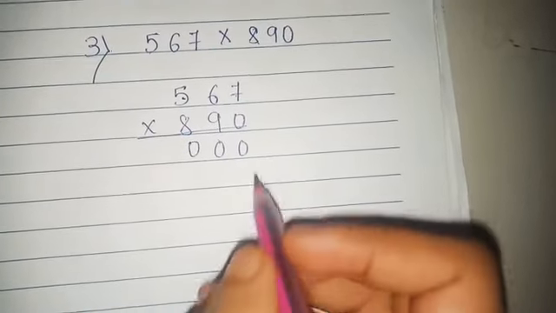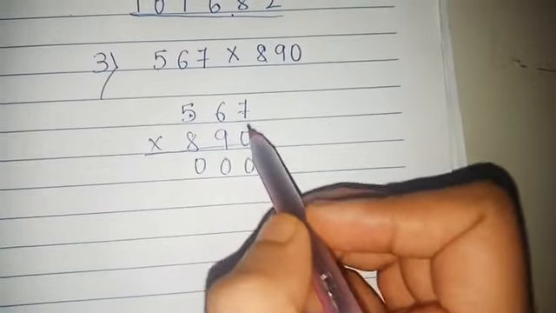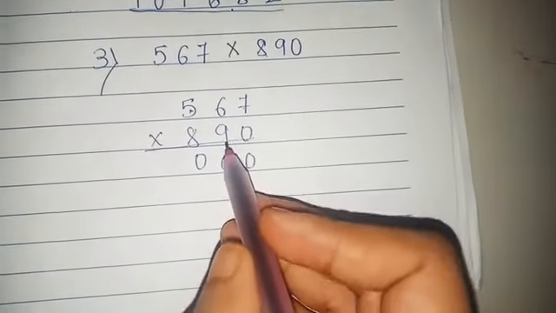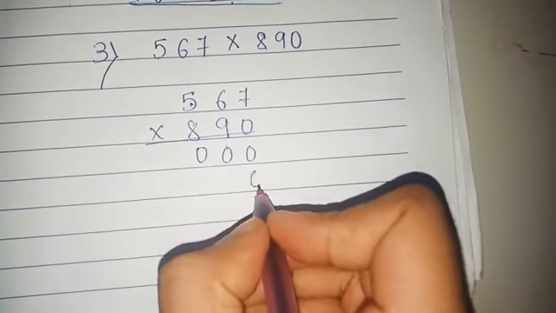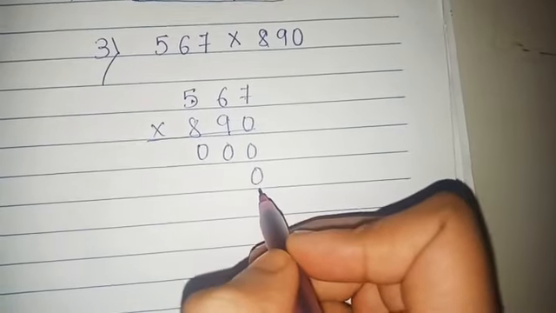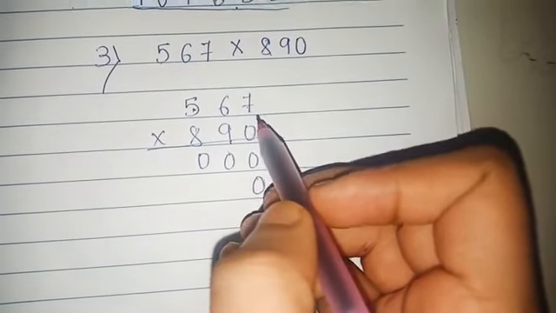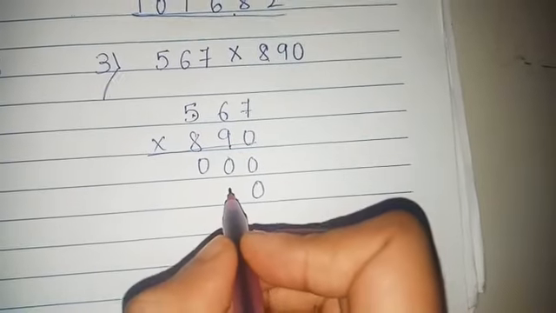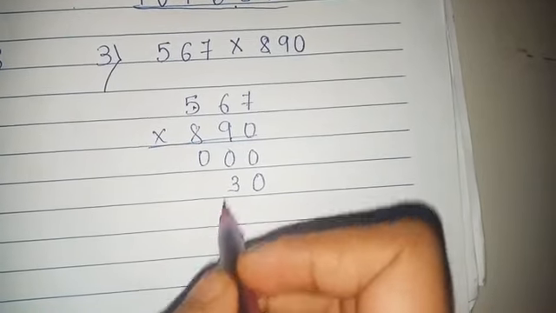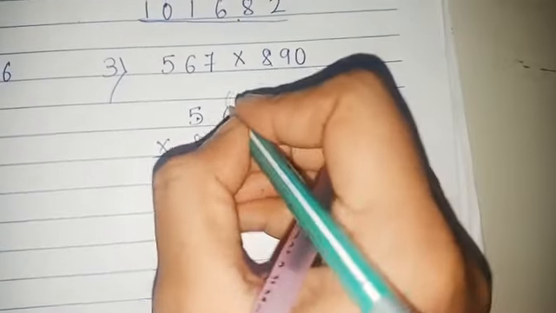Now we will multiply 567 by 9. This 9 is in the tens place, so I will write 0 in the units place. Got it? Now 9 sevens are 63. So 3 will be here and carry forward 6.